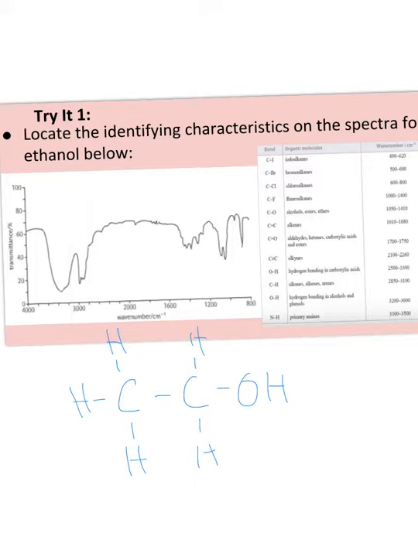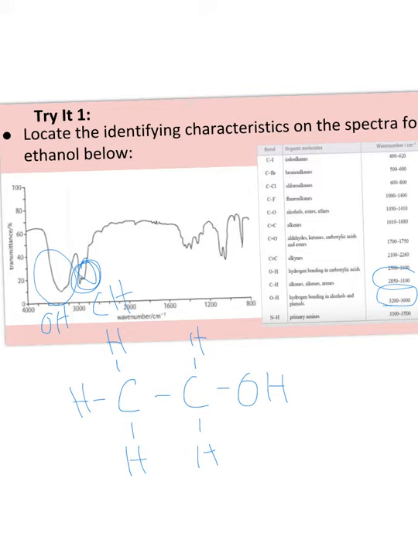I've got the OH in the alcohol group, which is supposed to resonate up here at 3300 to 3500. So I seem to have that covered right there. That seems to be a trough for my hydroxyl group. My CH should be resonating around this particular region here. So in here, that appears to be my CH groups.